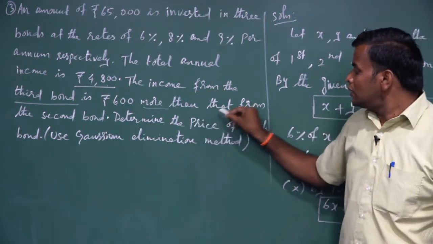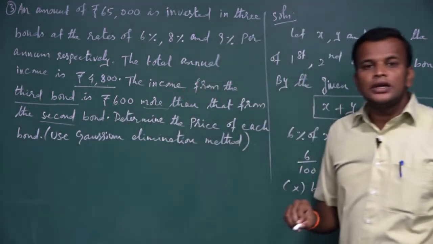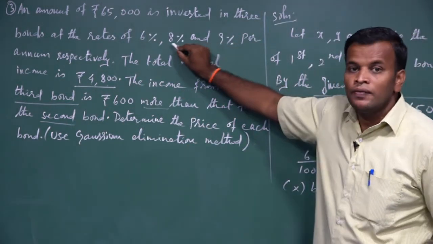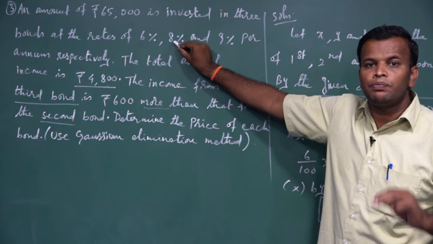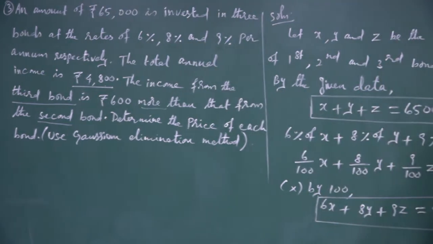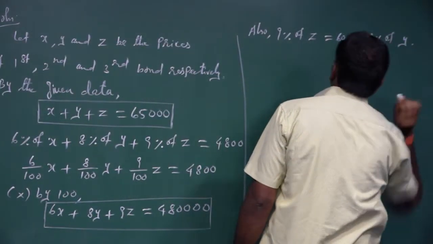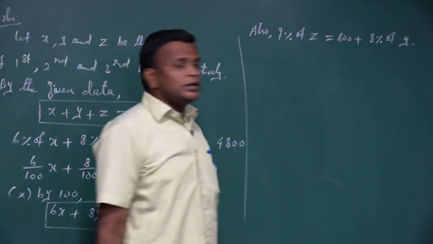More than the income from the second bond. What is the rate of interest of the second bond? 8%. What is the price of the second bond? Y. So 8% of Y. Framing the third equation is also important.